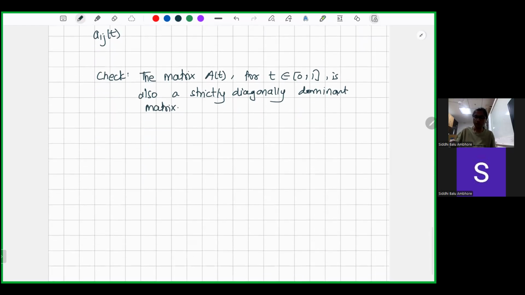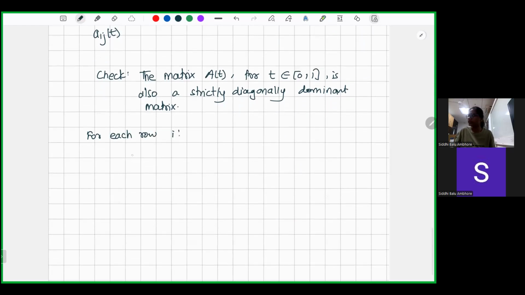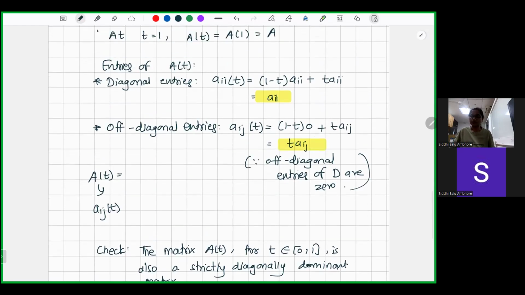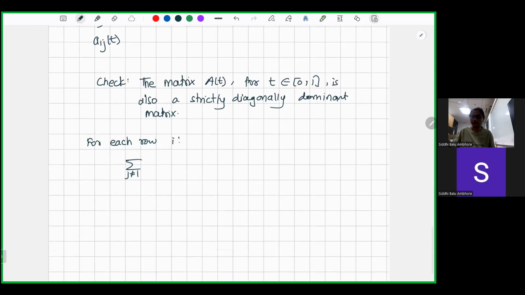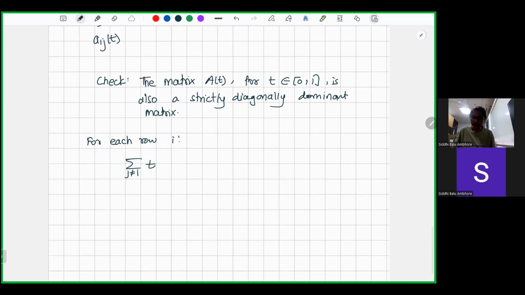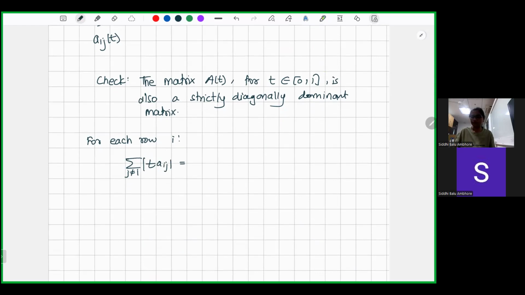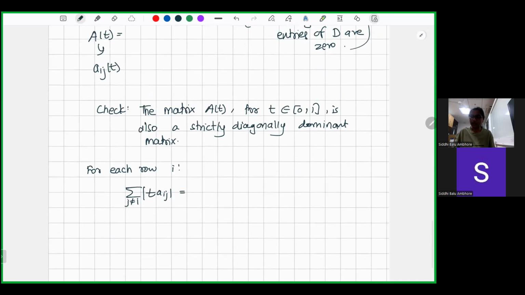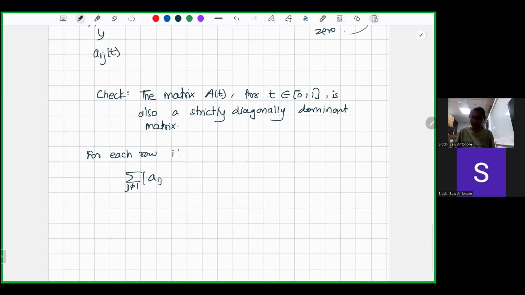So for each row i, what we have to check is the summation over j not equal to i of mod of a_ij(t).